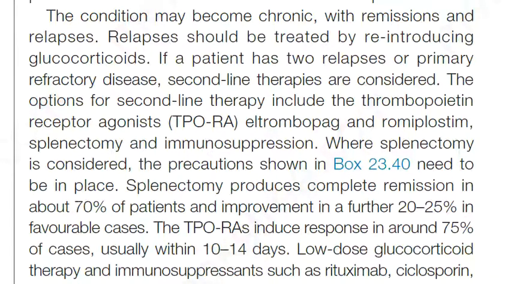Splenectomy produces complete remission in about 70% of patients and improvement in a further 20 to 25% in favorable cases. The TPO-RAs induce response in around 75% of cases, usually within 10 to 14 days.